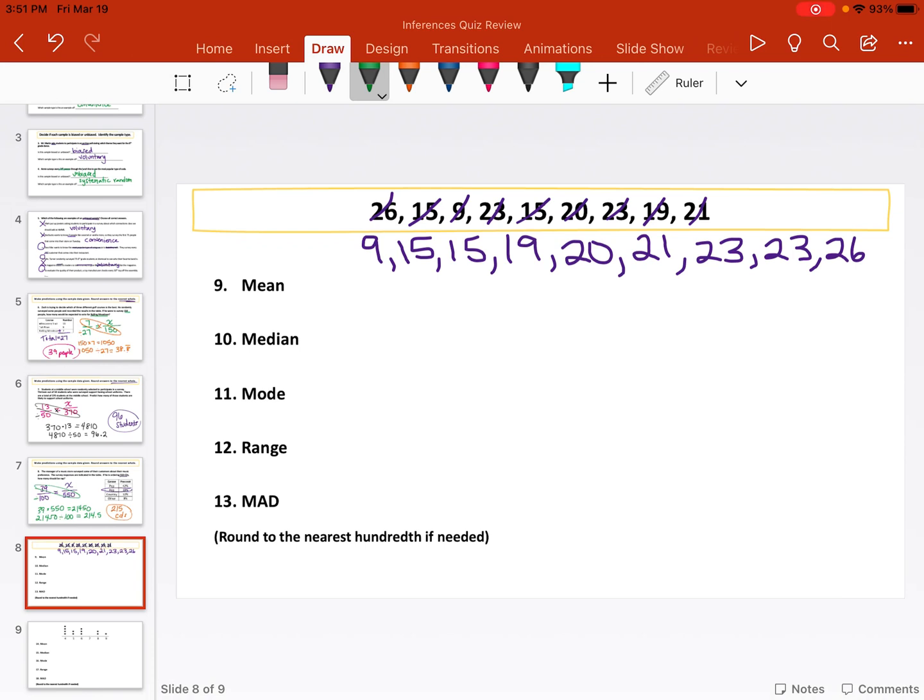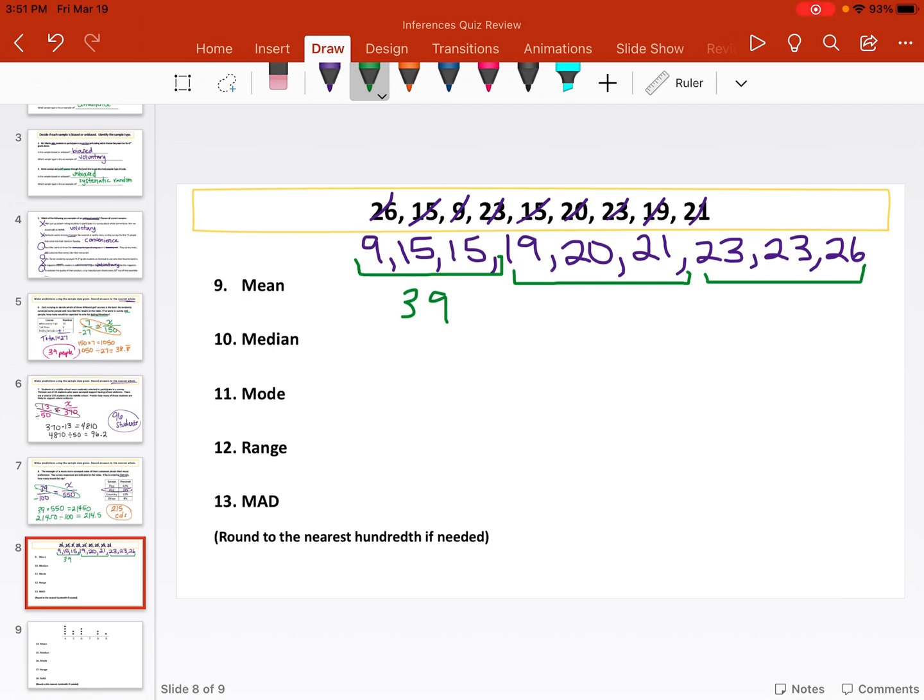Okay, then when I go to do my mean, I like to chunk these because that's a lot of numbers to type into a calculator and I'm for sure going to mess one up. So I'm going to break it into those pieces. I'm going to do 9 plus 15 plus 15, which is 39.